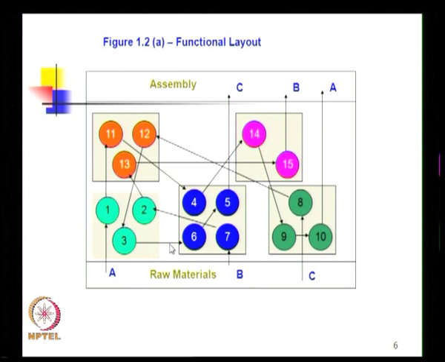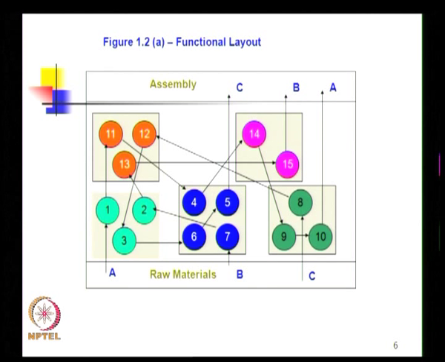Example, it could be lathes. 4, 5, 6 and 7, which are shown in blue, represent another type of machine. 8, 9 and 10, which are shown in green, represent a third type of machine. There are 3 machines here. 11, 12 and 13 in orange represent another set of machines, and 14, 15 in pink could represent another set of machines.